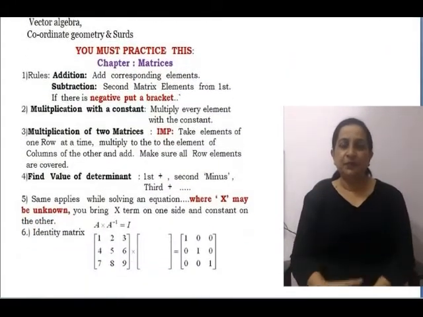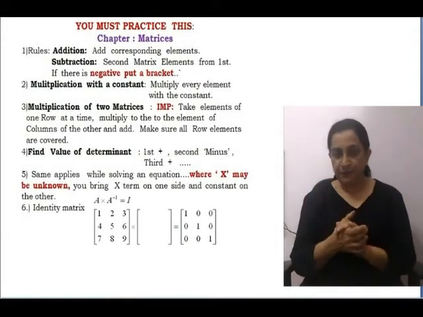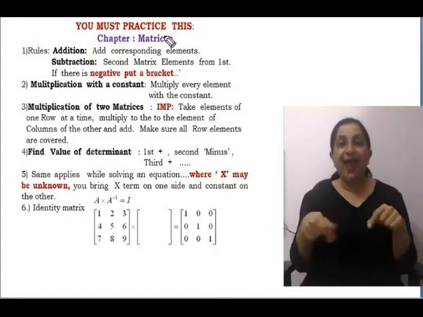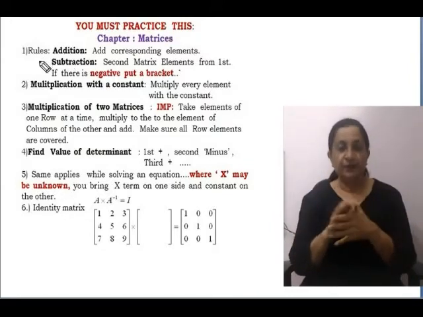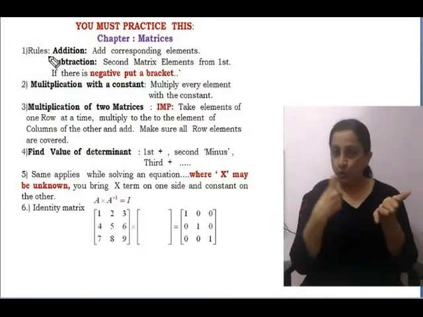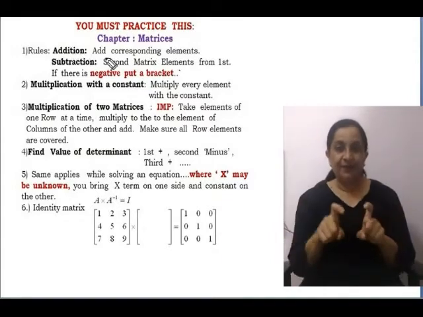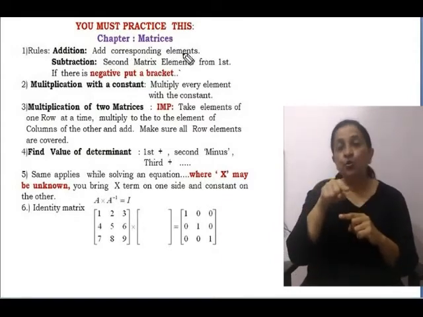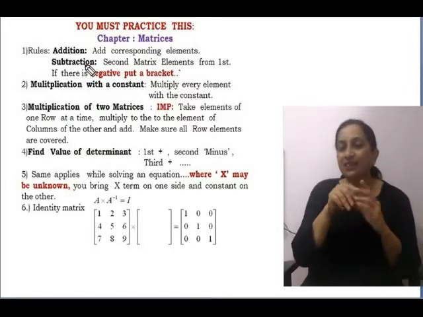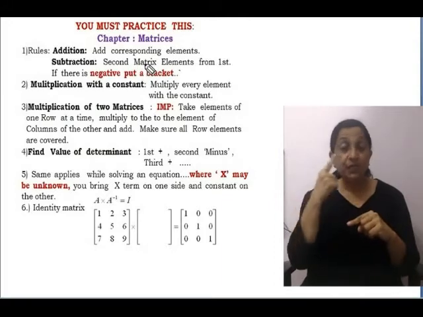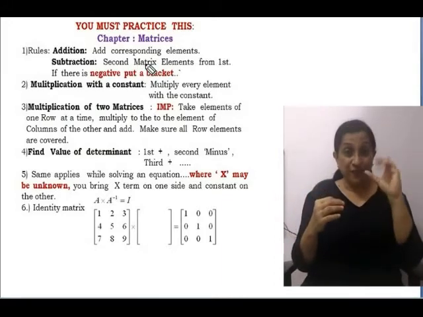Let us start from the chapter matrices and determinants. You have to remember some rules on matrices. That is, addition, you add the corresponding elements. Subtraction, you always subtract the second matrix element from the first.